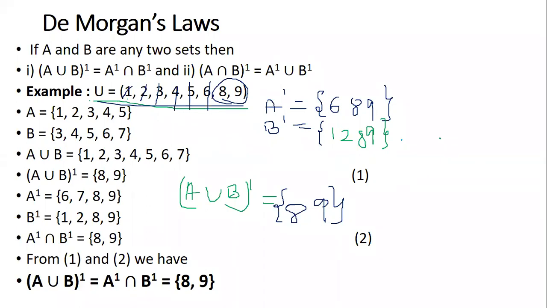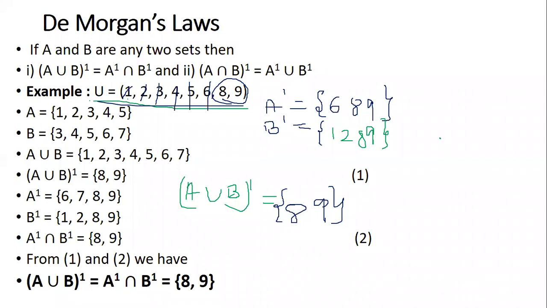Rakshita, I'll explain it once again. Please wait. Which part you didn't understand, Rakshita? Can you tell me which part you didn't understand? Is it complement or... okay? Well, A union B complement you didn't understand. We'll solve A union B complement again.